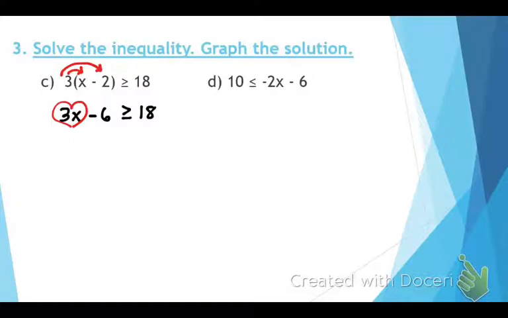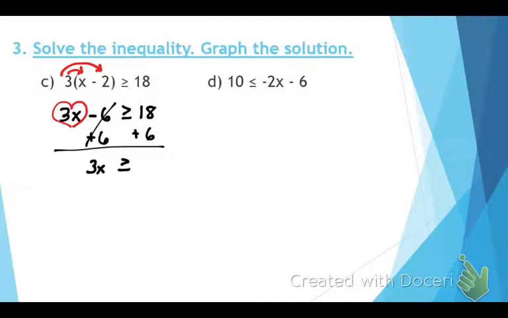Tyler, what should I do first? So you do the distributive property. Okay, we just distributed, so now what should I do? Now you add 6 to the -6, and then add 6 to the 18, that equals 24, and then 3x is equal to or less than, is less than or equal to?